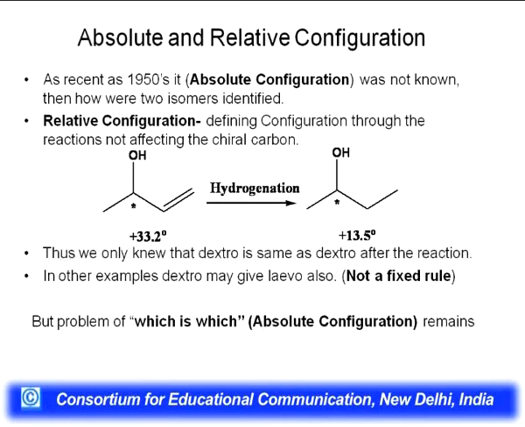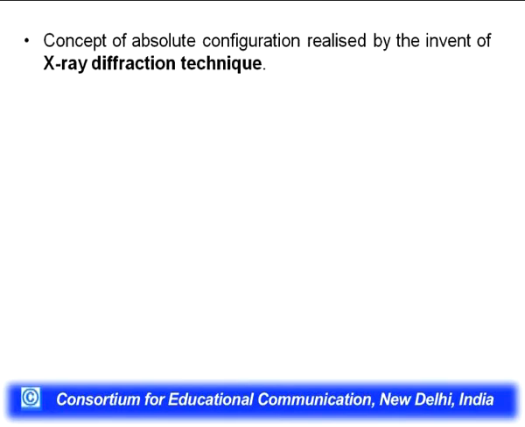In those ways we can identify what the absolute configuration is. How did it happen? It came into being by the invention of the X-ray diffraction technique. What is the X-ray diffraction technique?